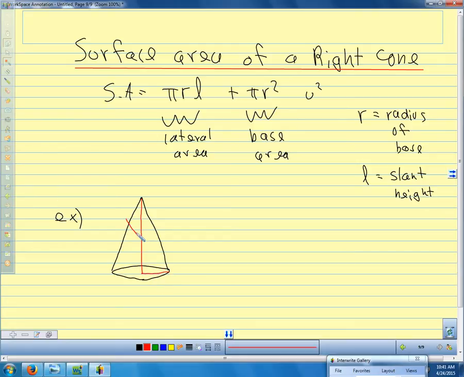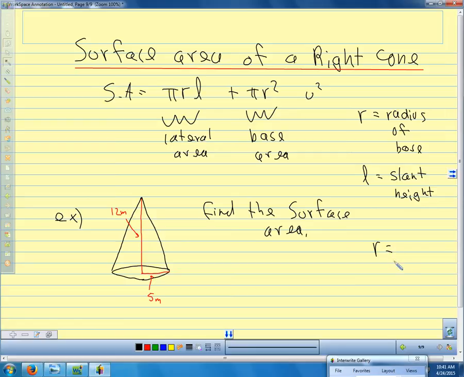So this is 12 meters, and this is 5 meters, and we want to find the surface area. All right, do we have everything we need to plug into our formula? Here's our formula. We can make our key over here if we want.